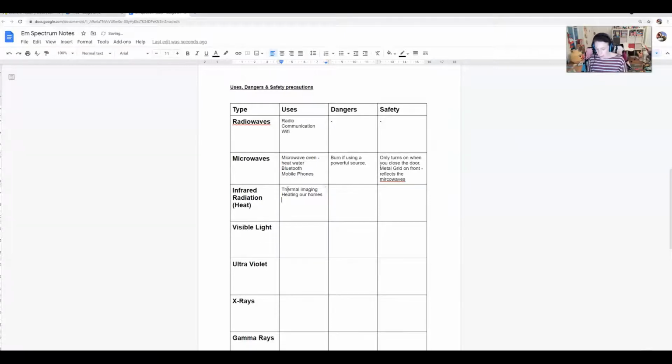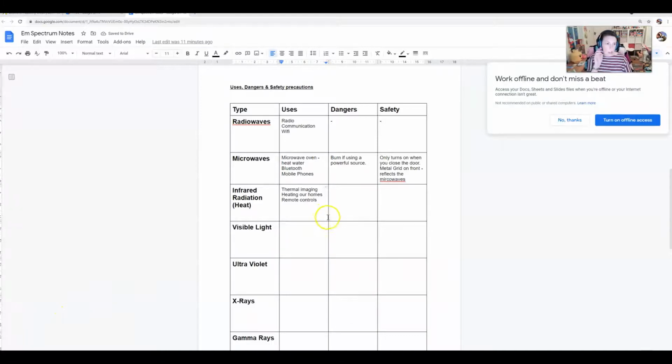Occasionally. We use it for remote controls as well. So remote controls are obviously a very weak source because remote controls don't burn you, but we do use it for remote controls. Now, because infrared radiation is heat, obviously one of the problems with it is that it can cause burns, so we can just pop that on there. So for safety, we would not touch a hot surface for too long.